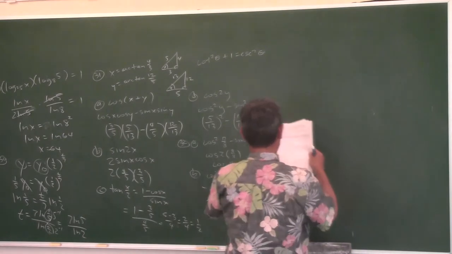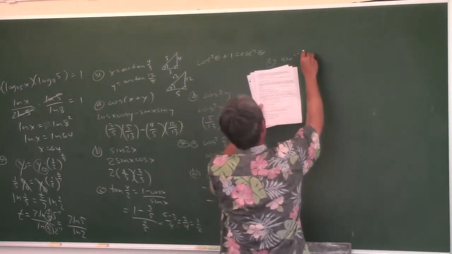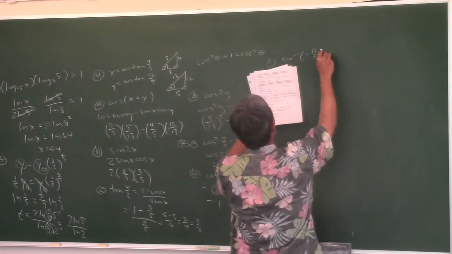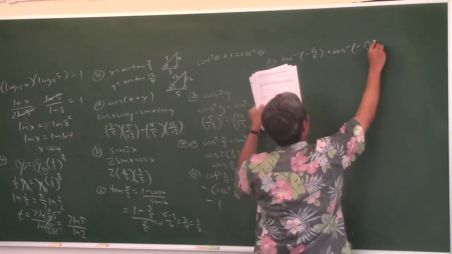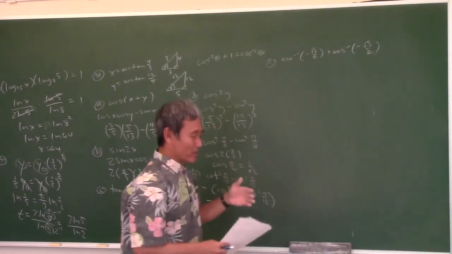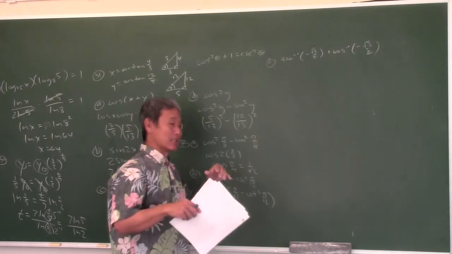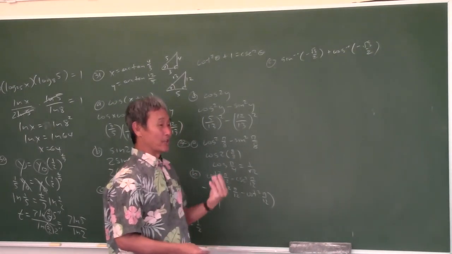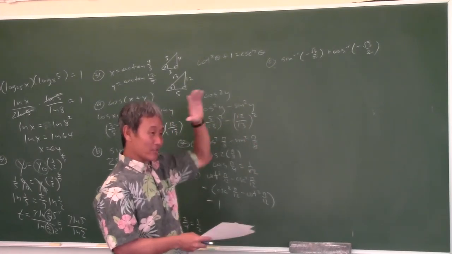Okay. And then we got 30. Oh, we got a part C here. Sine inverse negative root 3 over 2 plus cosine inverse negative root 3 over 2. Okay, what does sine inverse negative root 3 over 2 mean? It means sine of what angle is negative root 3 over 2, but your answer has to be in the range, which is from negative pi over 2 to pi over 2.